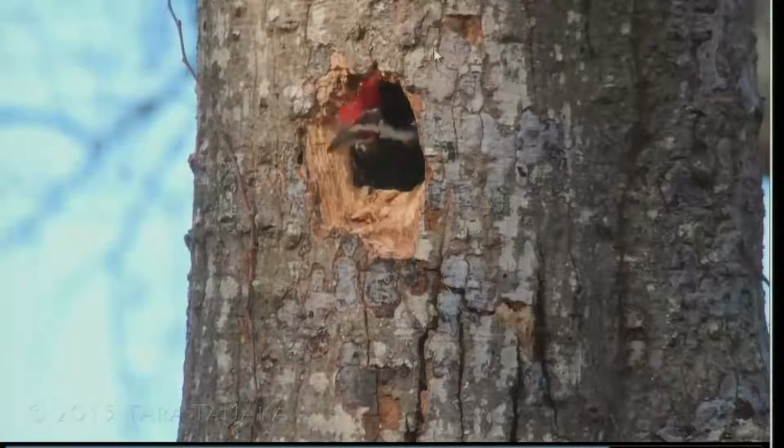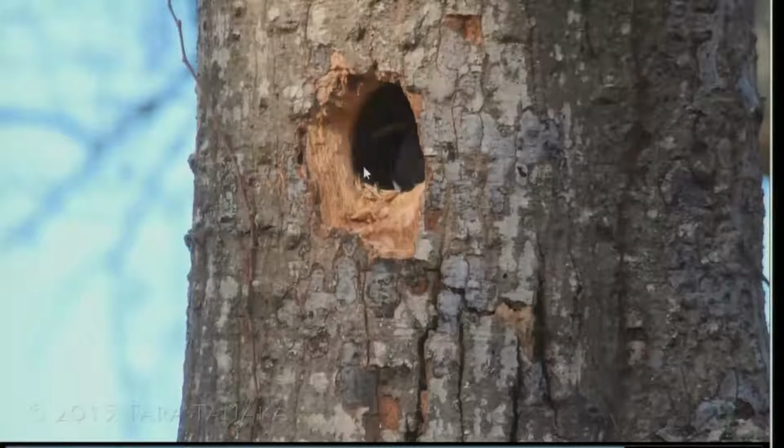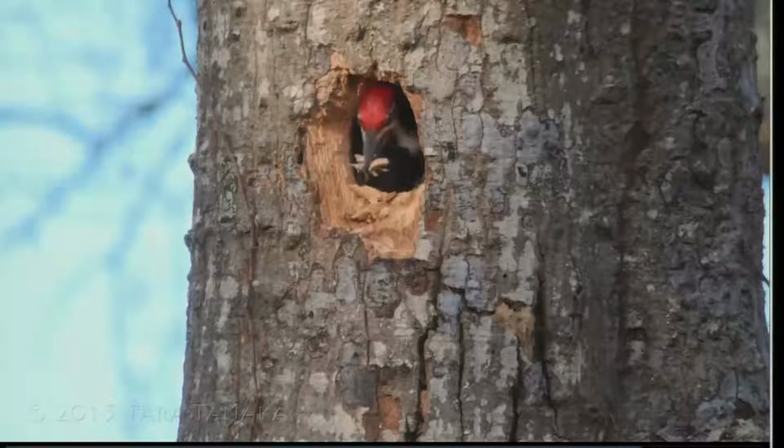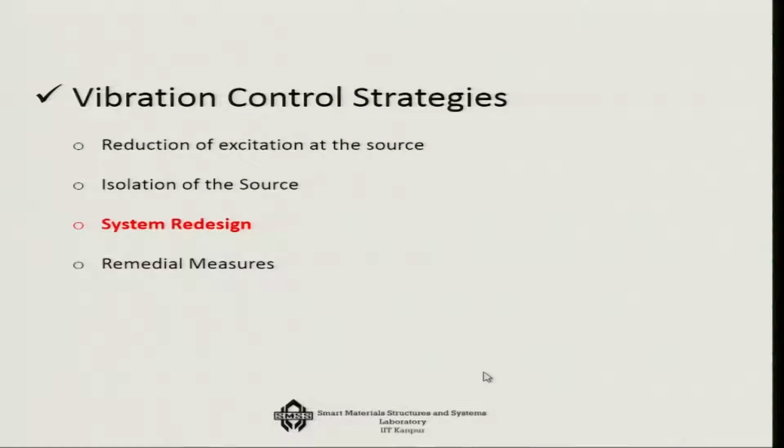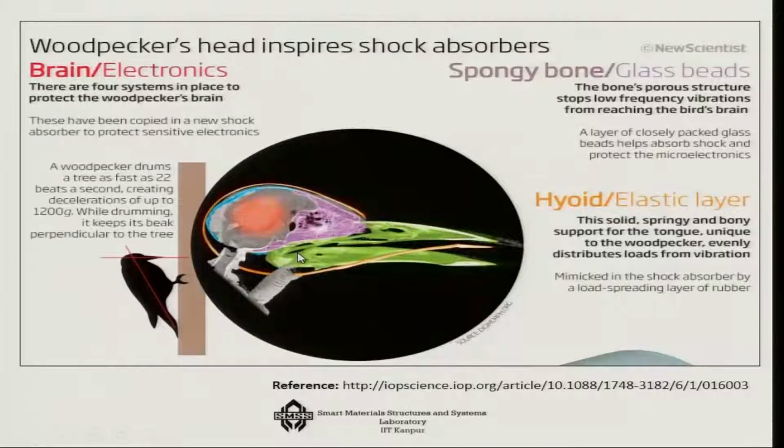So, now that you have seen that the woodpecker has made beautifully this hole, let us go back and see what are the things that this woodpecker has done in order to save itself. Let us see the strategies that the woodpecker has taken to save its head, and yet continue with the beautiful way of making holes in a solid stem.